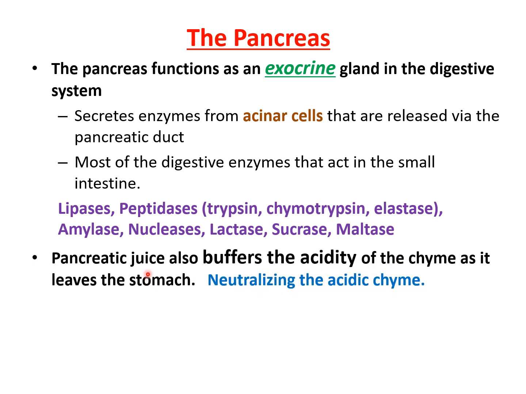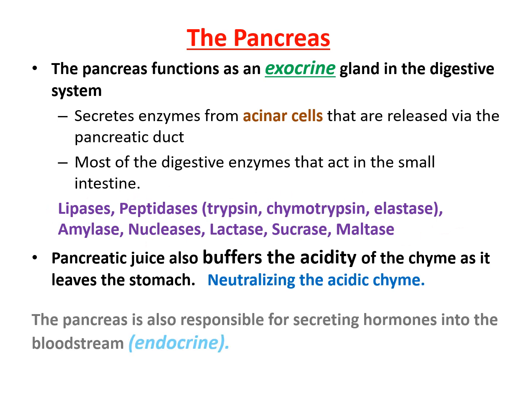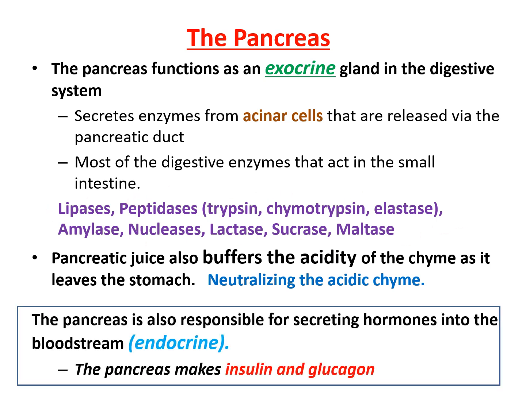And we have that bicarbonate. This is going to reduce the acidity, so we're going to bring the pH up to more like a 5, 6 range. And so we're neutralizing the acidic chyme into a higher pH, which allows these enzymes up here to function properly.